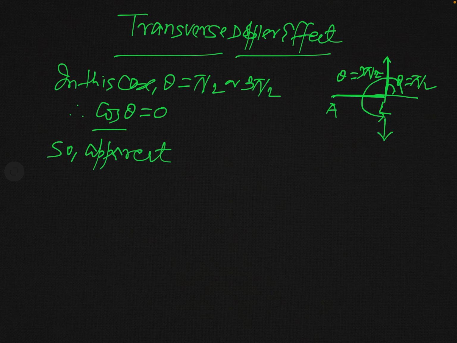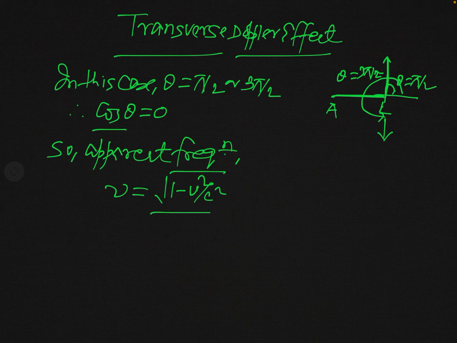So apparent frequency in this case, nu will be what? You know nu is equal to root over 1 minus v square by c square divided by 1 plus v by c cos theta, but cos theta is 0, into nu naught.